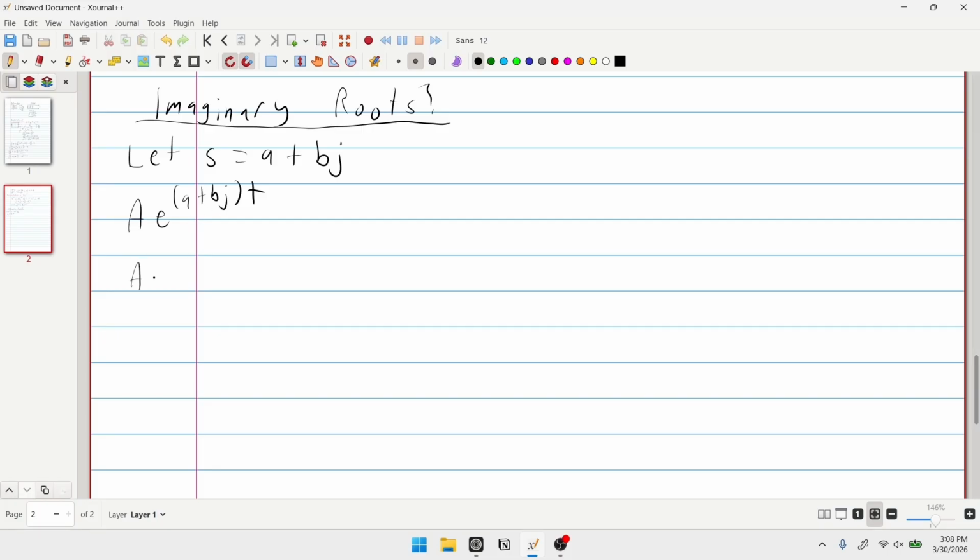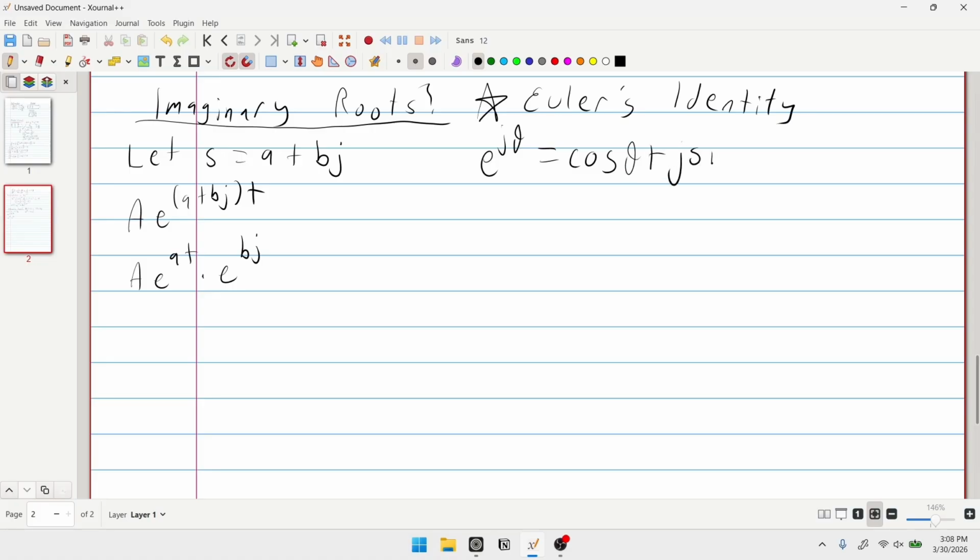So this would just be a e to the at times e to the bjt, right? And so this is where I'm going to show Euler's identity. Okay, and so what this is, it's just saying e to the j theta equals cosine theta plus j sine theta, all right?